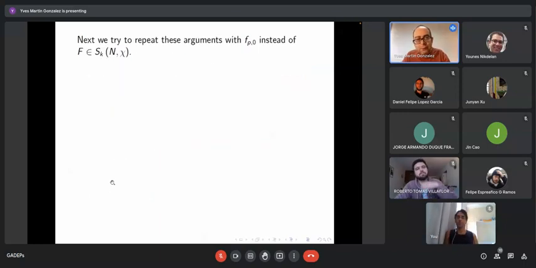So now, instead of big F, which is a cusp form of weight k on gamma 0 n and character chi, the one that we start with, let's do the same thing with this other object, this theta component of the Jacobi form involved in the Fourier-Jacobi decomposition of the original one.